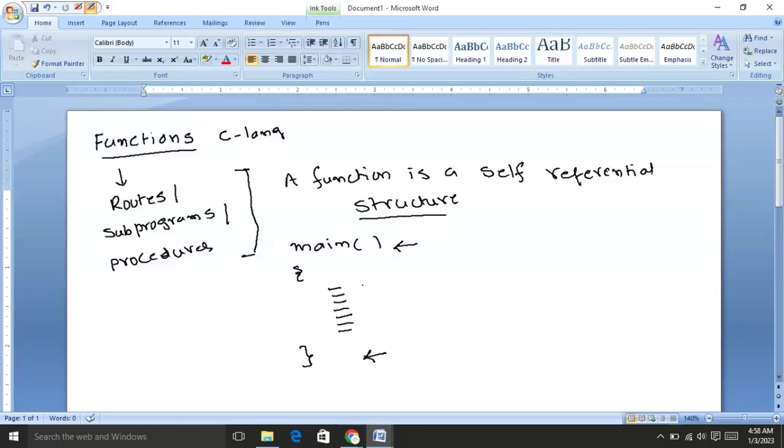So in the main program, what are there? Local declarations and executable statements, or we also call them instructions.